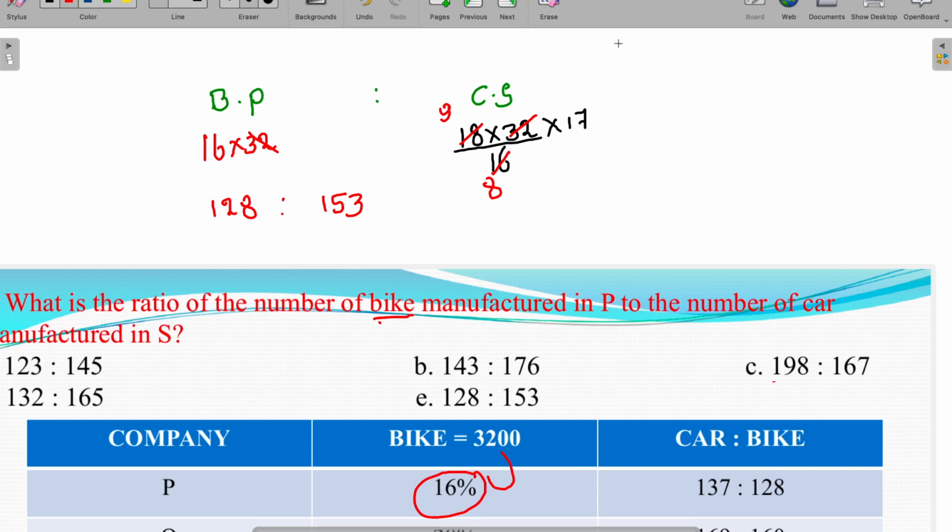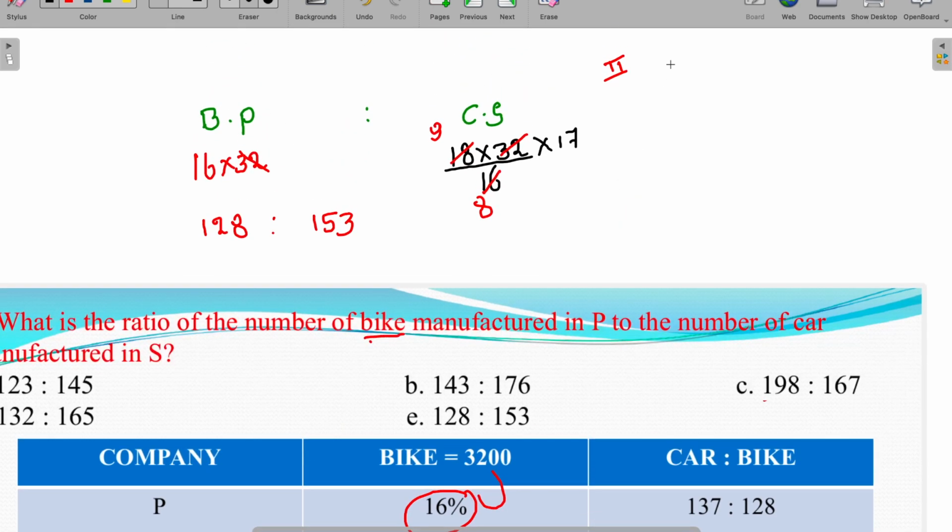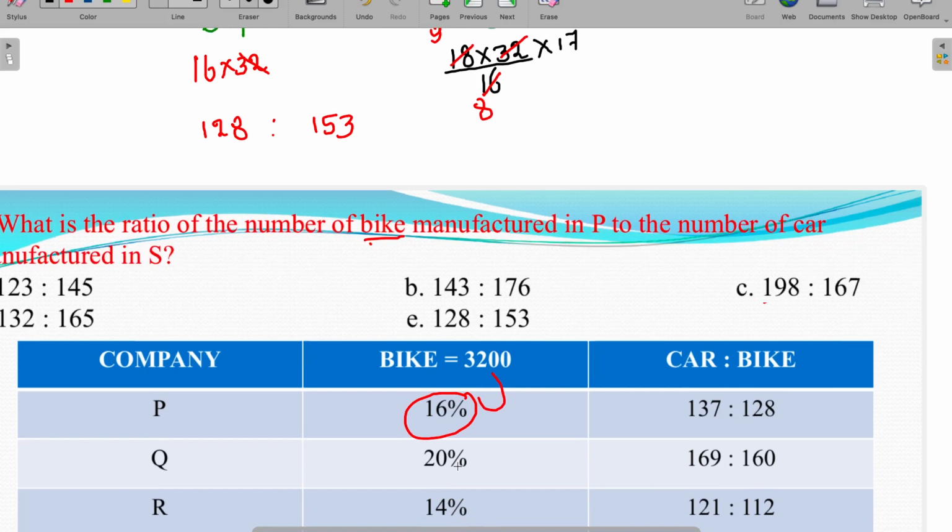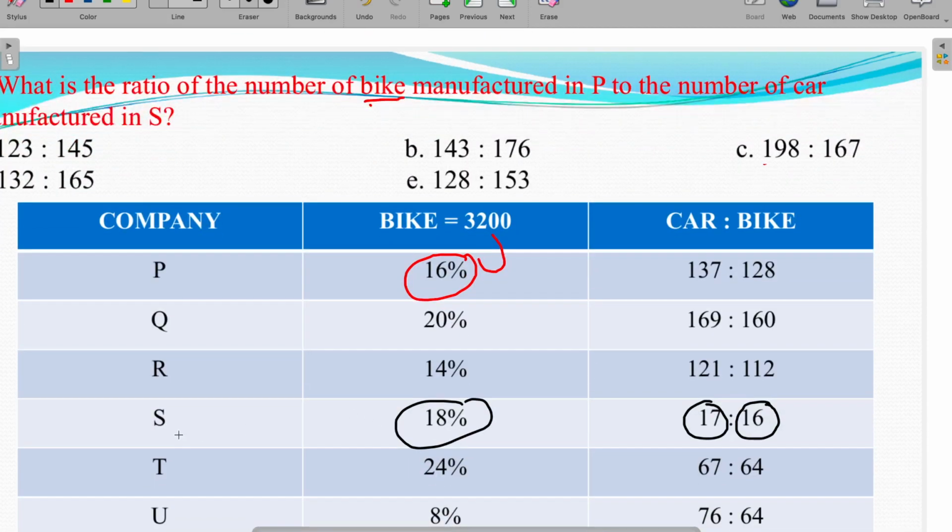Here if you observe, there is no need to take 3200. This is basic in basic data interpretation. We can solve like this. Total bikes 16. If I assume the total is 100, 16 bikes are in P. I want it in S. Here 18 bikes, but here I have 16.